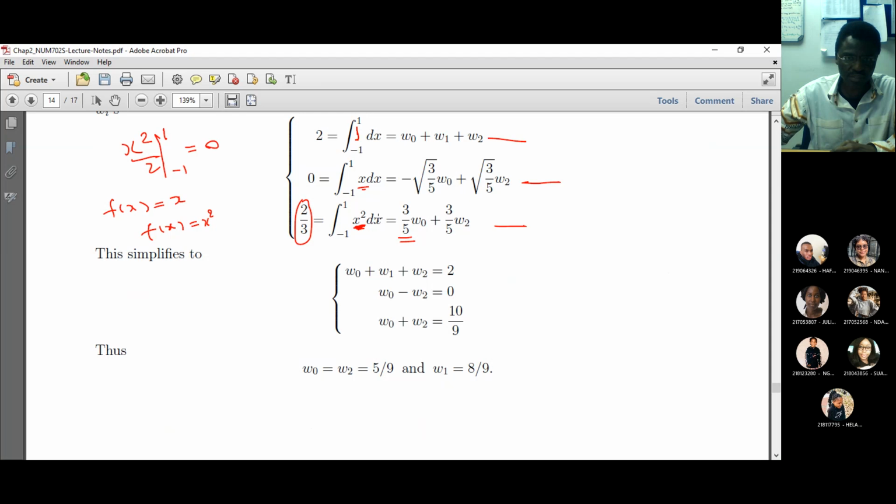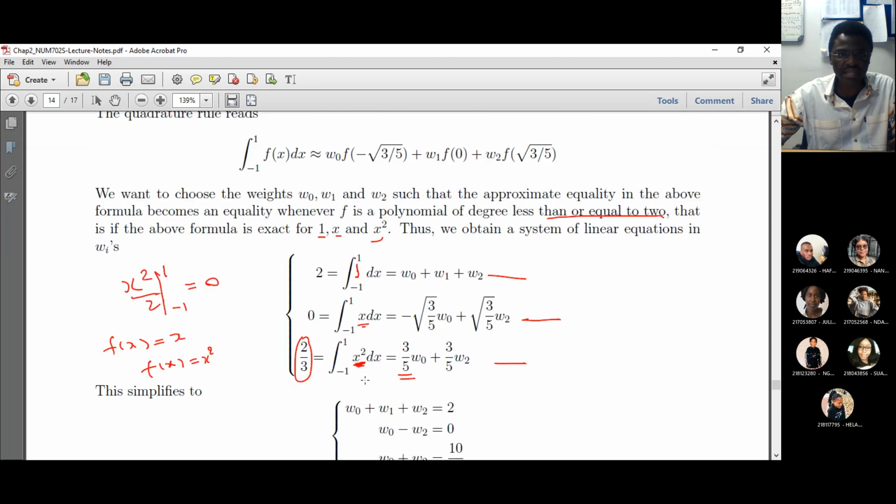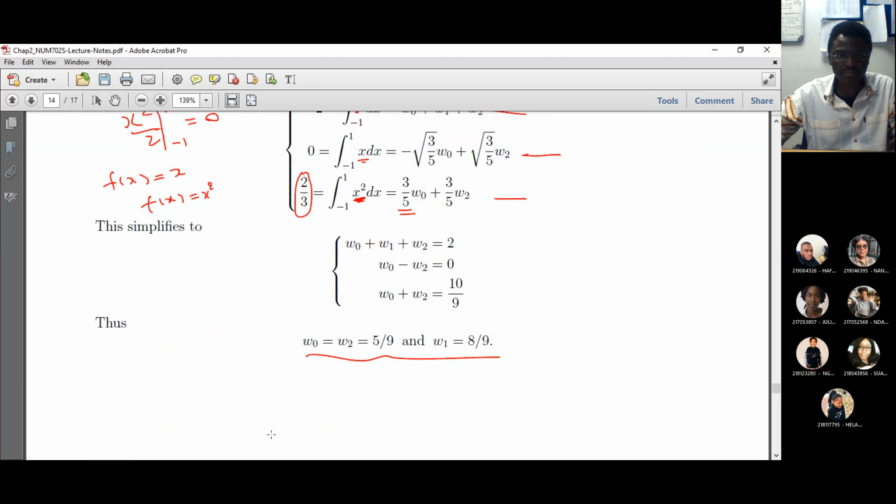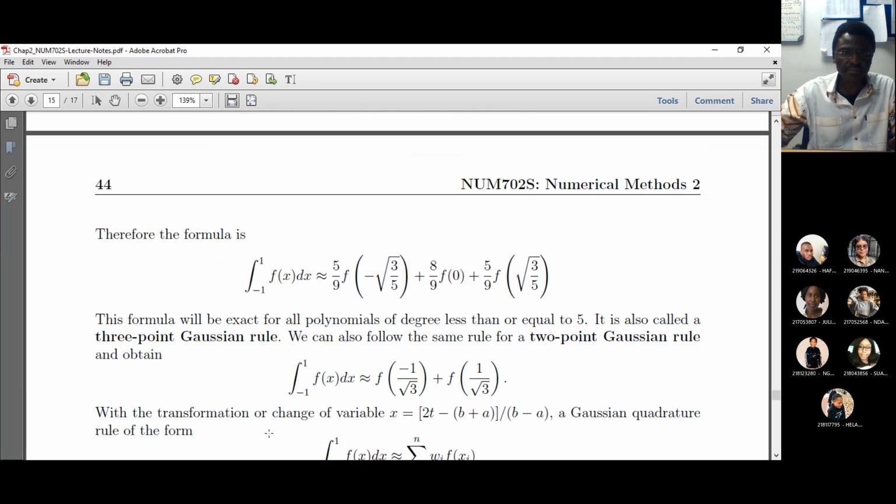You cross multiply by 5 by 3, and it will give you 10 by 9. If you rearrange that and solve this system, these are all the W's that you obtain. So you have all the weights, and you can replace them back into this formula. If you do that, this is the final formula that you will obtain.